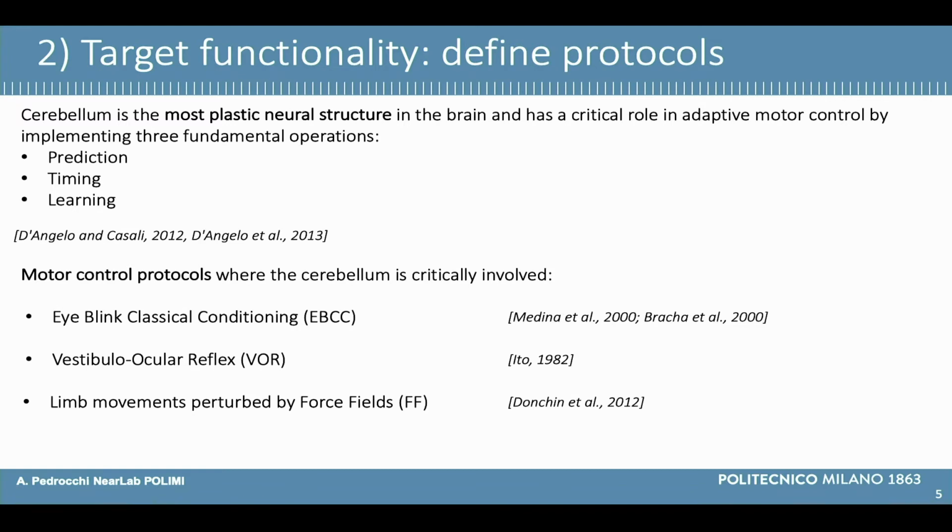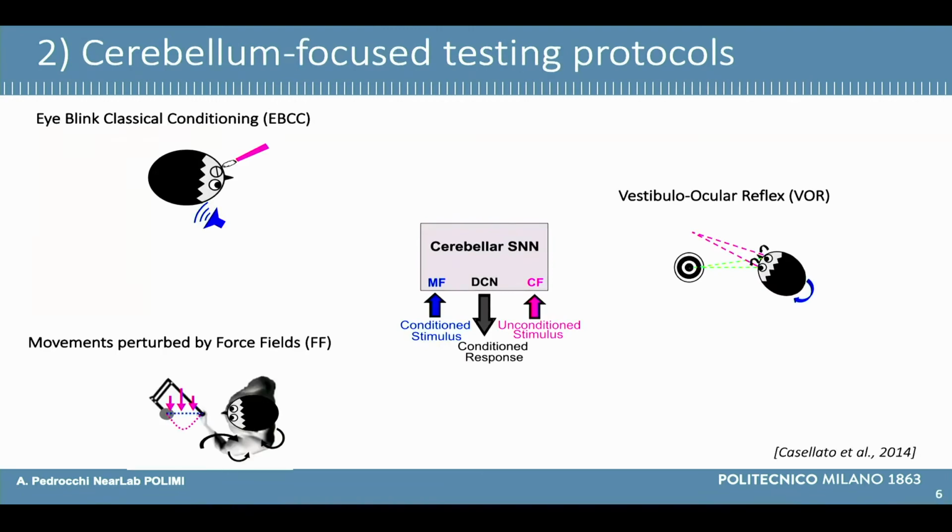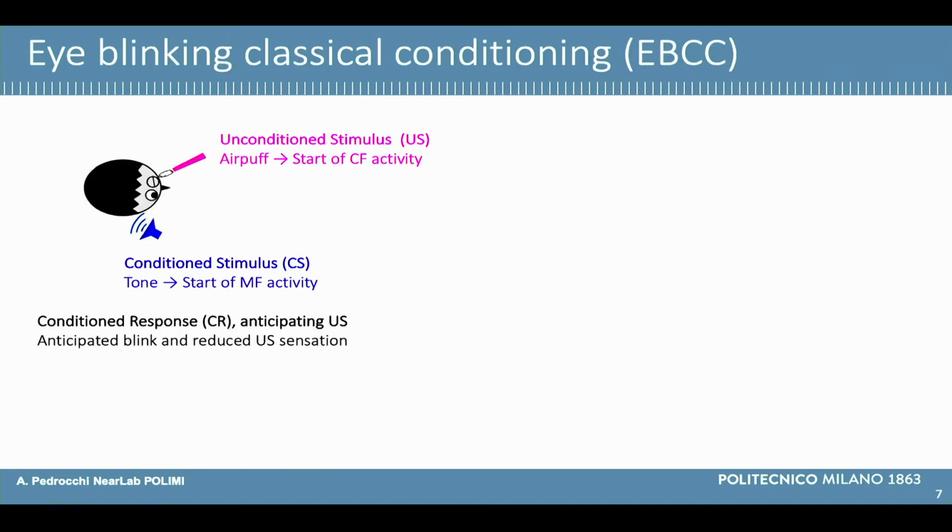And the third area is about limb movement, arm reaching in perturbed conditions, so for example, in force fields. And so these protocols need to be converted into input and output to the cerebellar model, to the spiking cerebellar models. Let's go through a couple of examples.